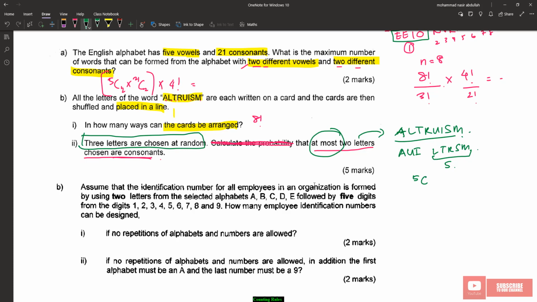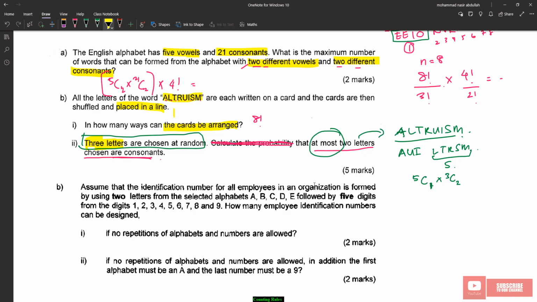So this one should be 5 choose 2 multiply with, so let's say 5 choose 1 first. 5 choose 1, 3 choose 2. Right, we want to form a 3 letter word. Right?